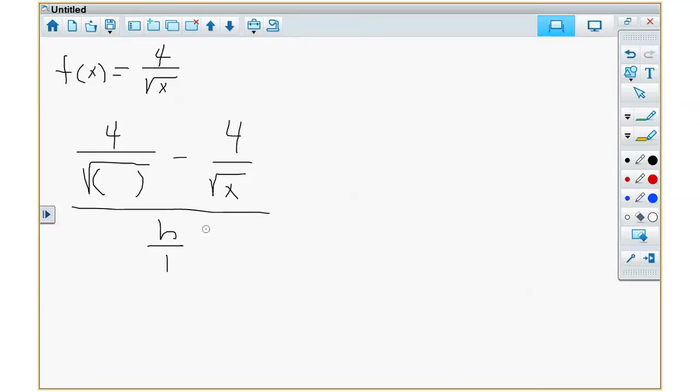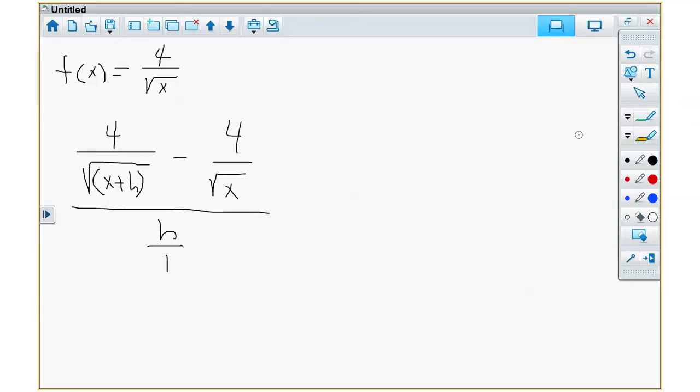Because this is a complex rational expression. You're going to have to multiply by the common denominator over 1 over the common denominator over 1. So that's why I do that. So x plus h goes here.